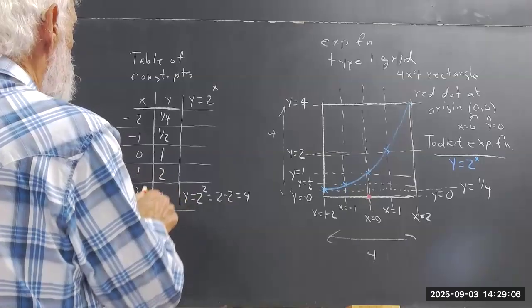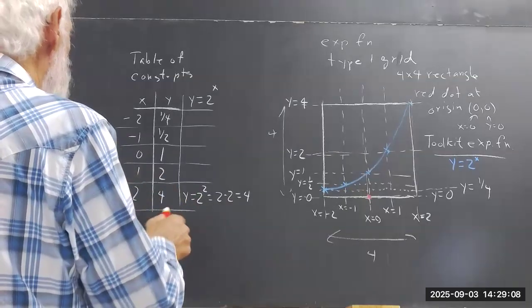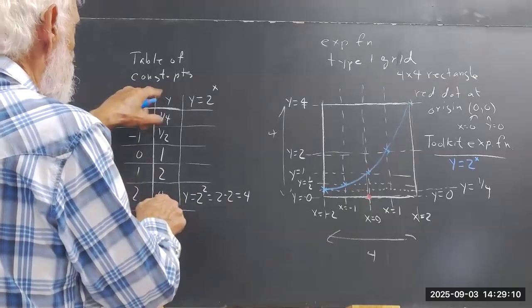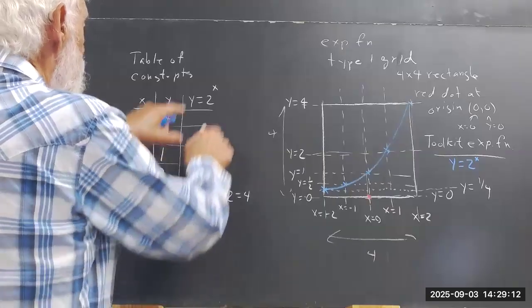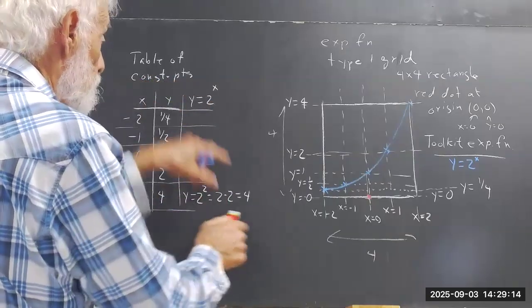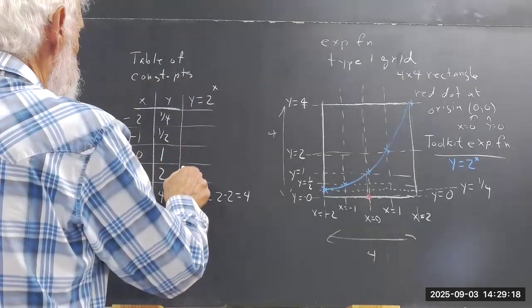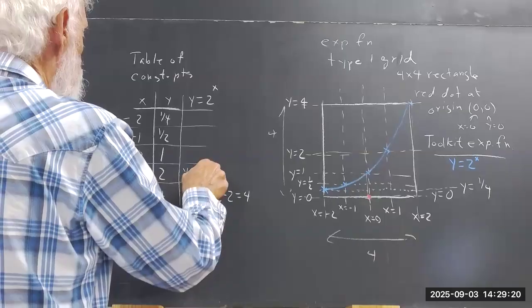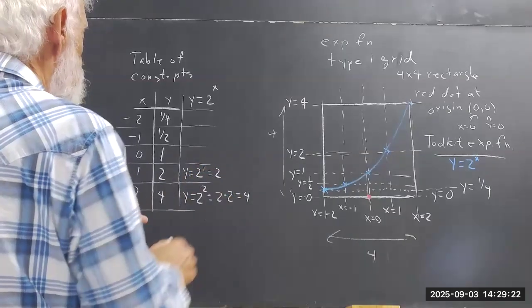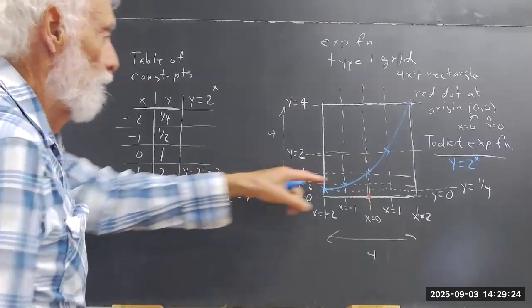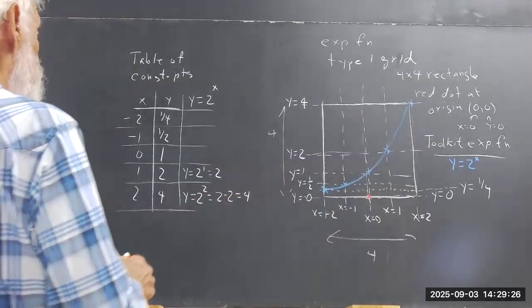When x equals 1, y equals 2. When x equals 2, our grid point was 4, and our formula gives us 4. X equals 1, we substitute 1 for x, and we get y equals 2 to the 1, which is just 2, and that agrees with what we got from the construction.